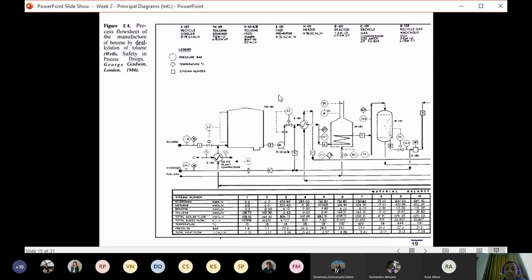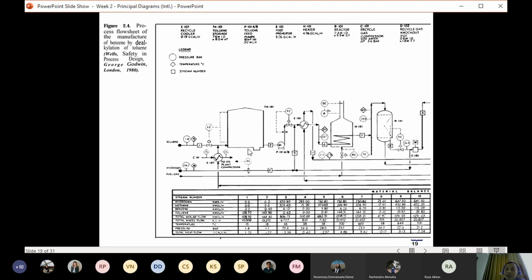When you draw a PFD, please look at this slide carefully. In the middle of your canvas or your screen, you will see the equipment.